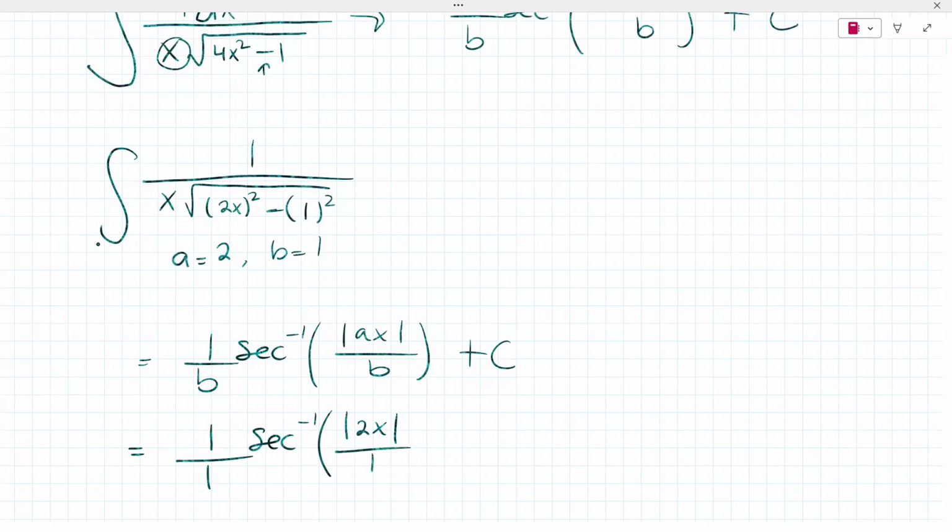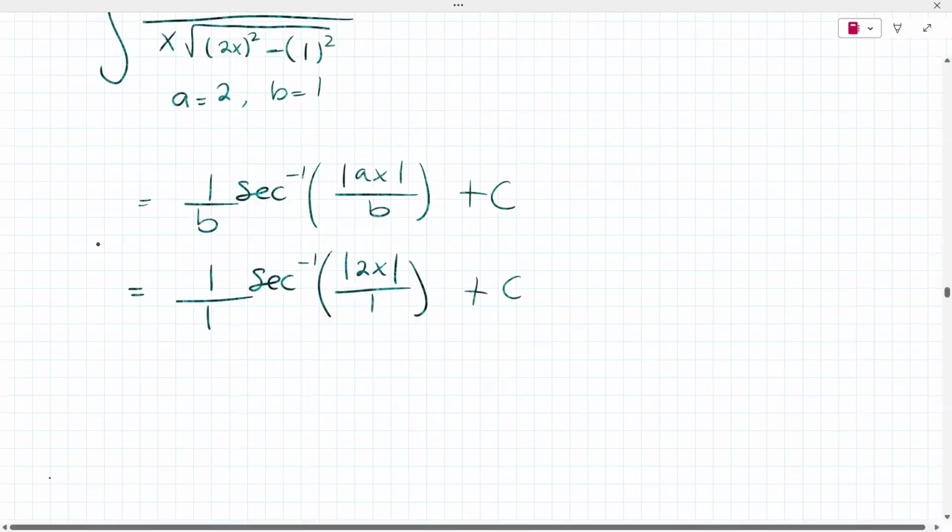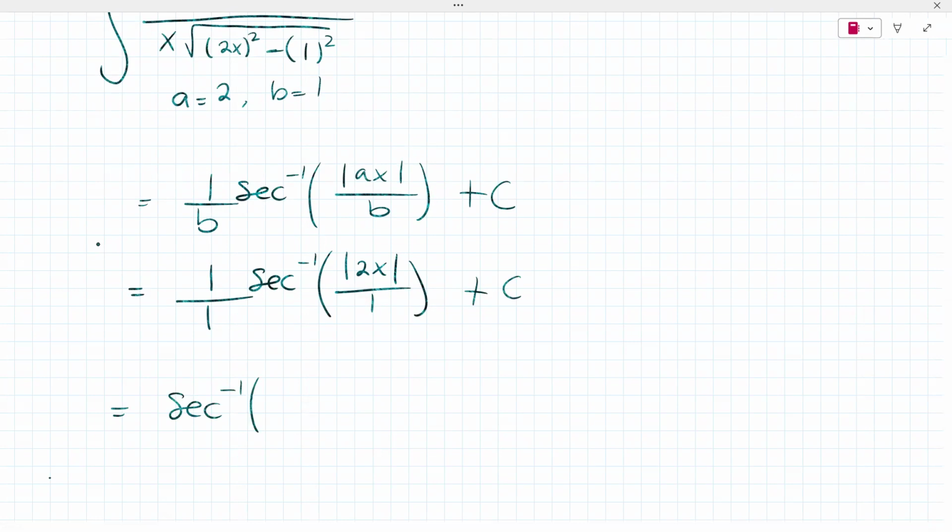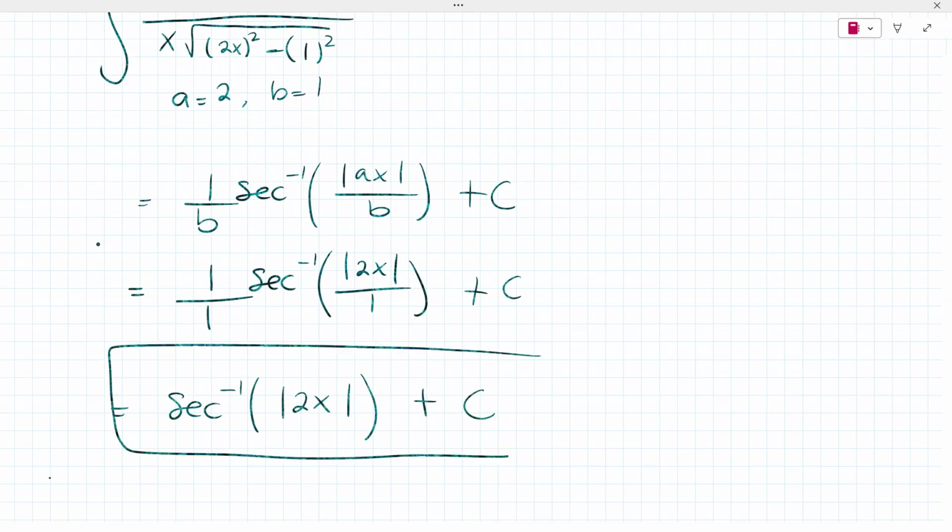My b is 1, plus c. 1 over 1 is 1, so your final answer could be secant inverse of the absolute value of 2x, plus c. There you go. There's your final answer.